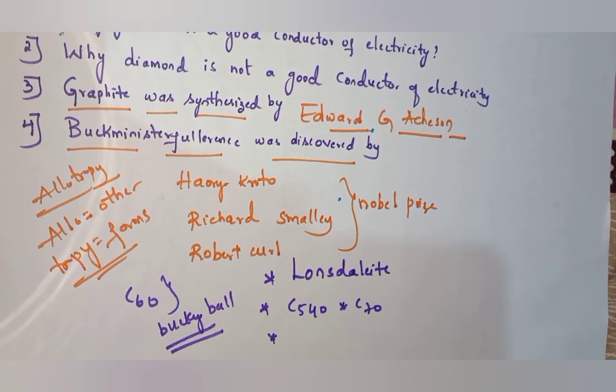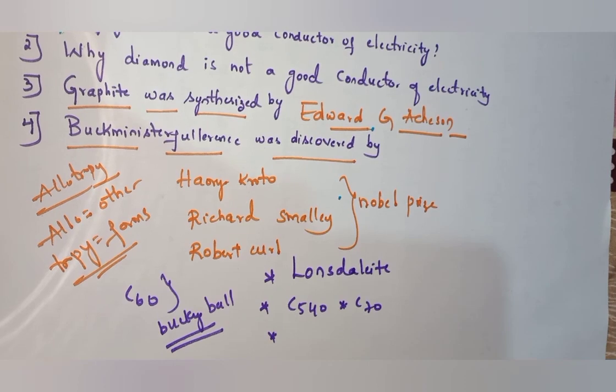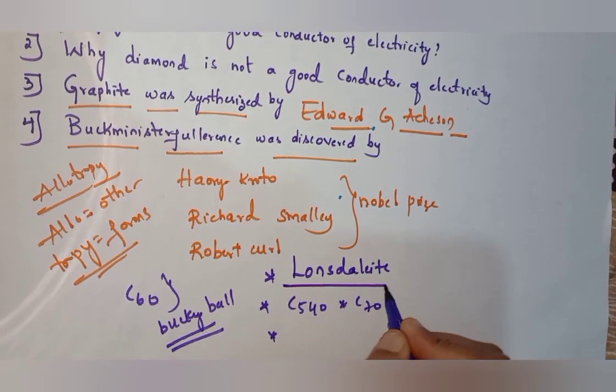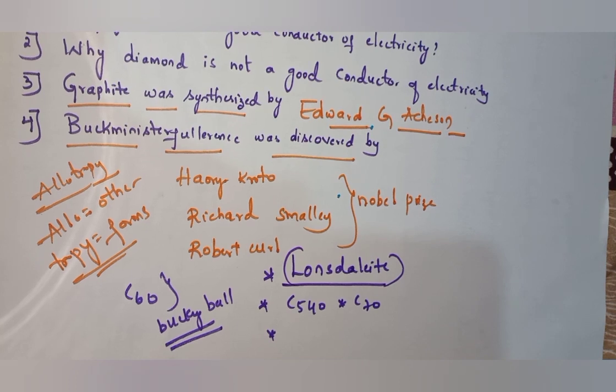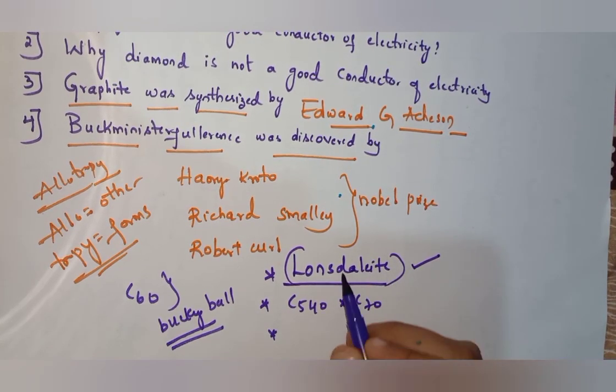Here the allotropes have same chemical properties but different physical properties. The difference lies in the manner in which the carbon atoms are bonded to one another. This lonsdaleite is an important example. They may also ask this in the examination, like whether it is an allotrope of carbon or not. Yes, it is an allotrope of carbon.